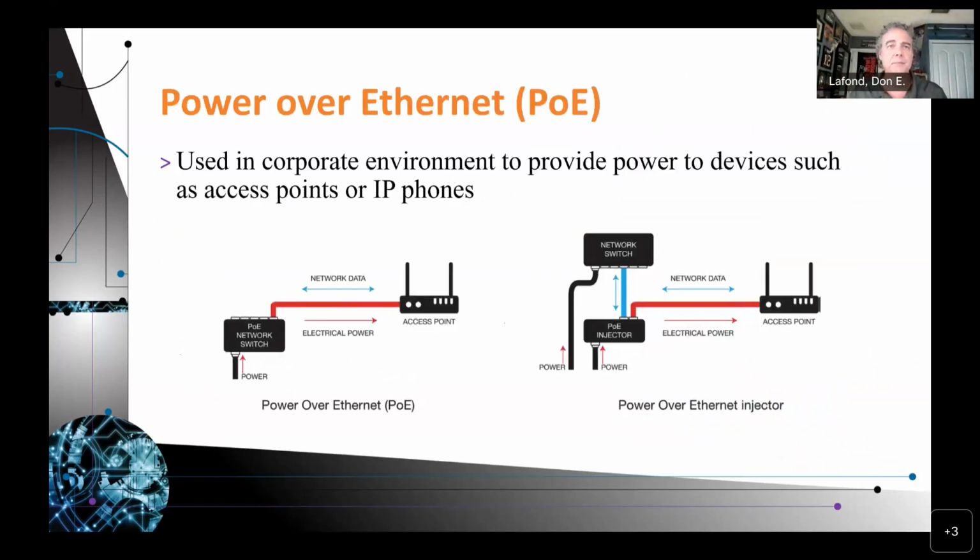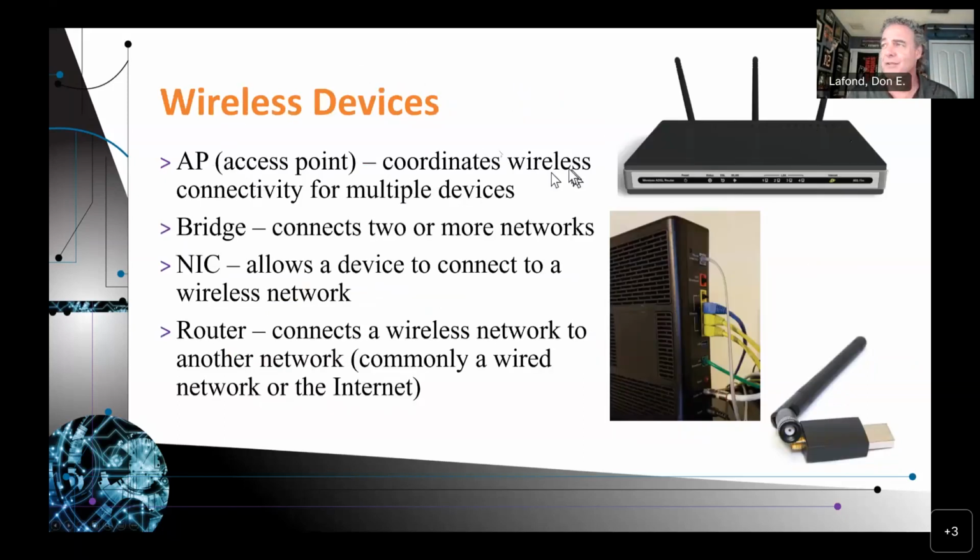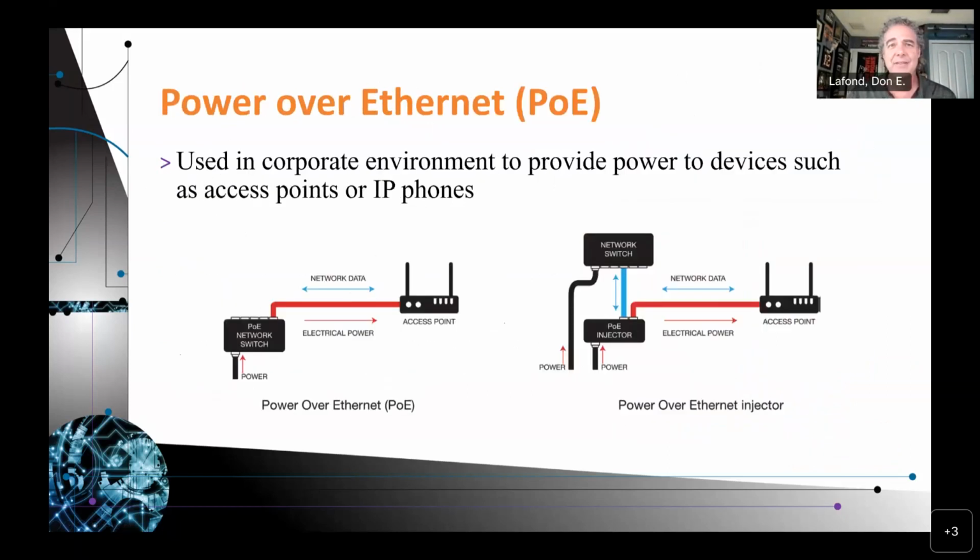communication. Power over Ethernet. Power over Ethernet is important for those APs. You find these APs in the ceiling, and you don't usually have plugs in the ceiling. So you have to have a switch that has the capability of injecting power, which then passes it along to the access point.